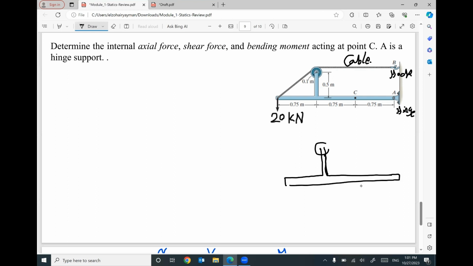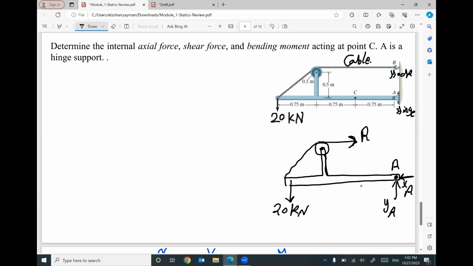If you would like to remove the cable, then I will put here a reaction on this cable, R. This reaction R is supported by this hook to support your beam. And we are given this force 20 kilonewton. At point A, it's a hinge, so we will have two reactions, YA and XA.